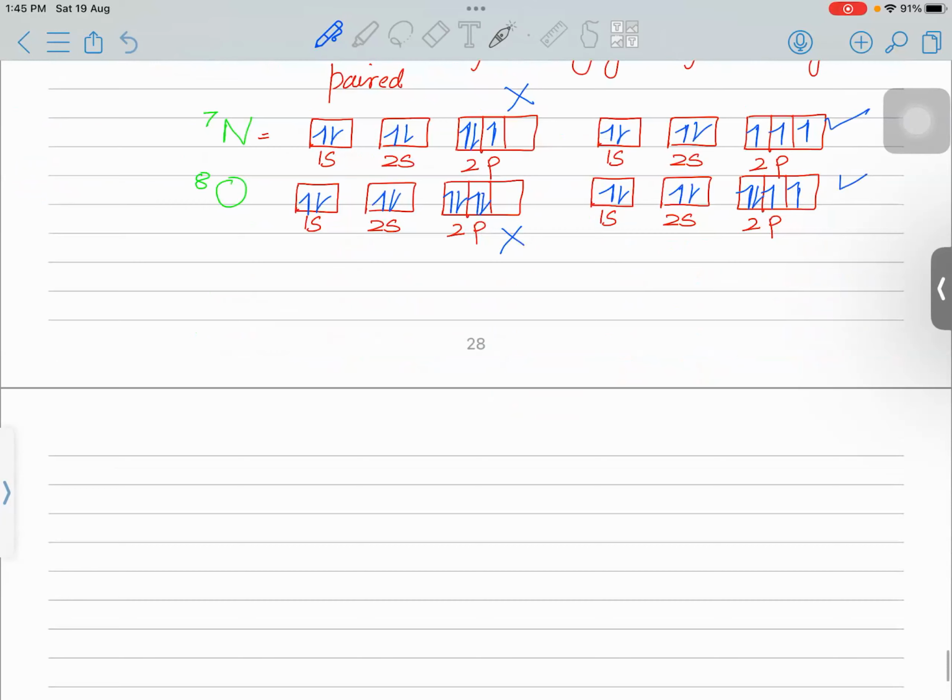Now the last rule is the Pauli exclusion principle. The name is not important, the statement is important.